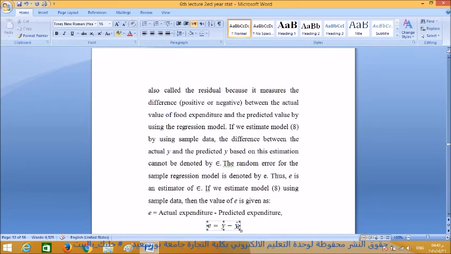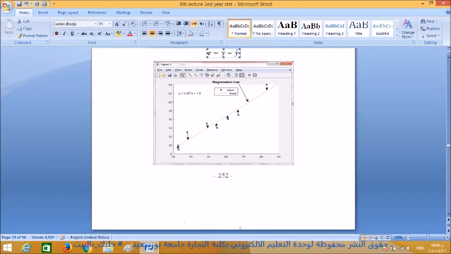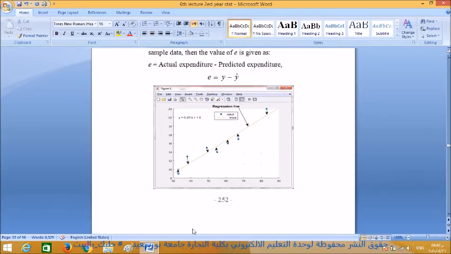So the difference between y and y hat represents the error term, okay. This is the error, the difference between any point and the line, or the least square line.